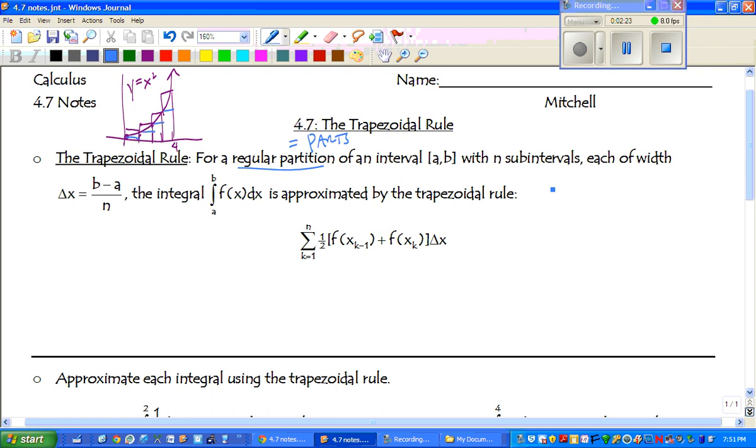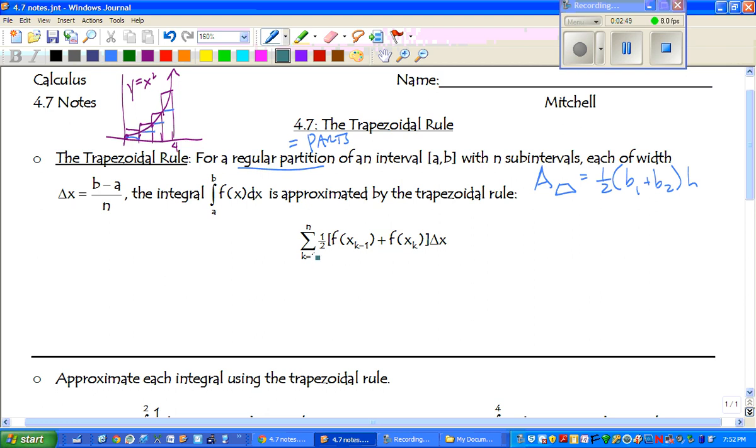All right, so going back to geometry, let's look at what the area of a trapezoid is. Anybody remember? It is 1/2 times base 1 plus base 2, times the height. So although this looks a little more complicated, that's really what we have in here.